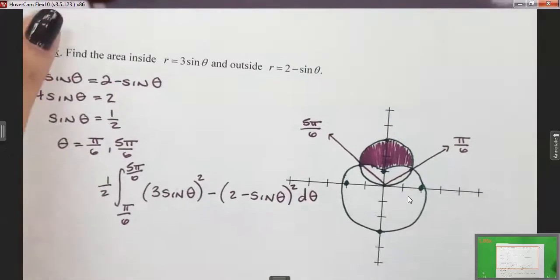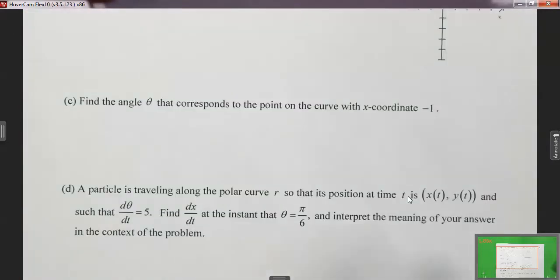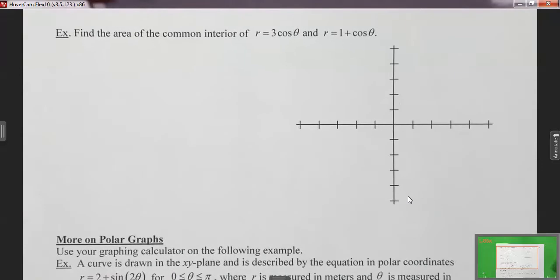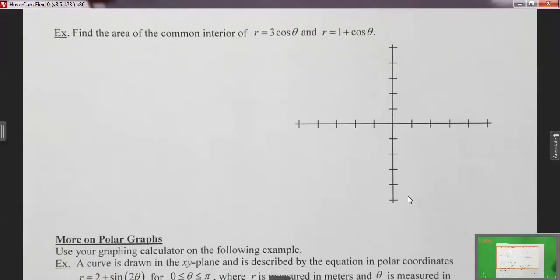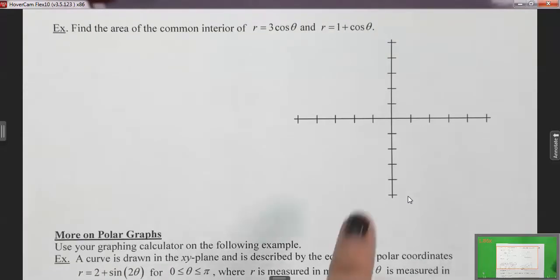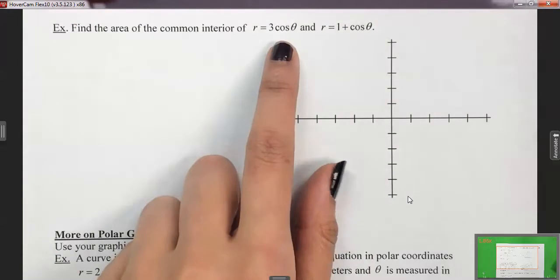Let's do the last one. Find the area of the common interior of 3 cosine theta. What's that?